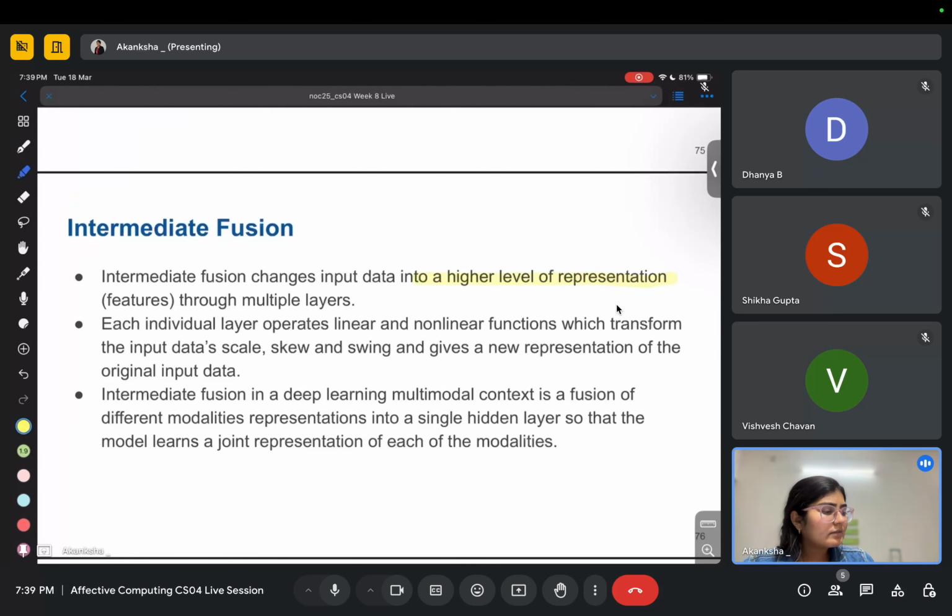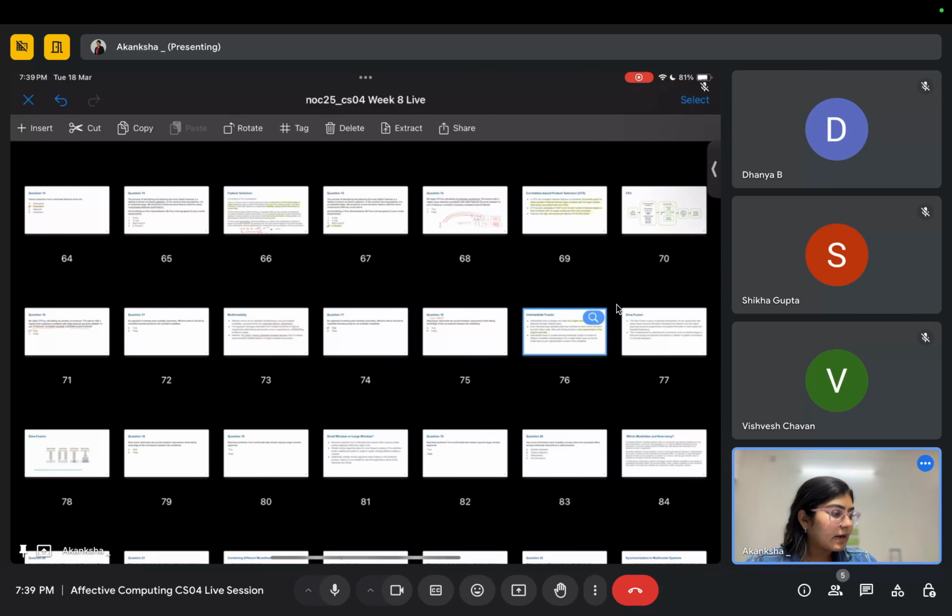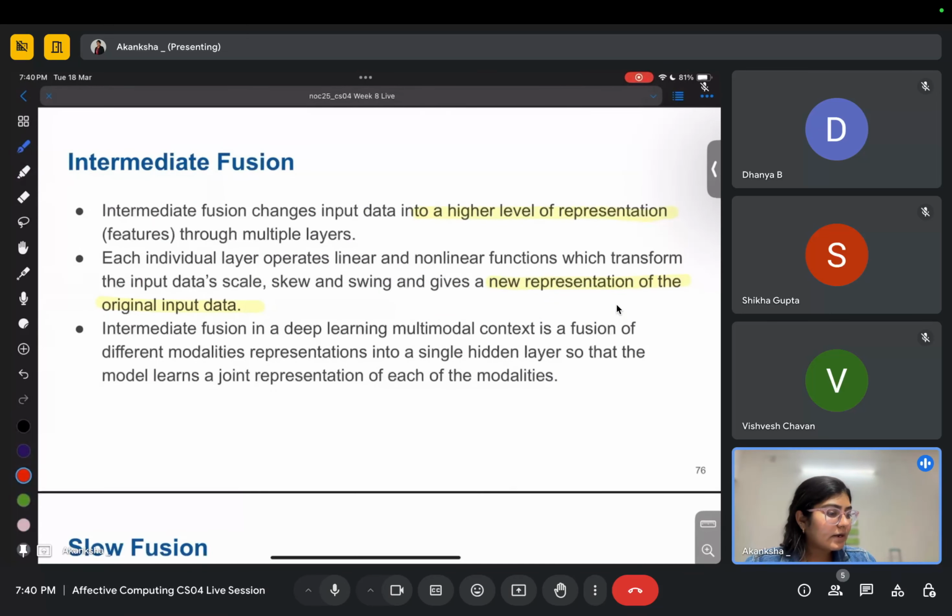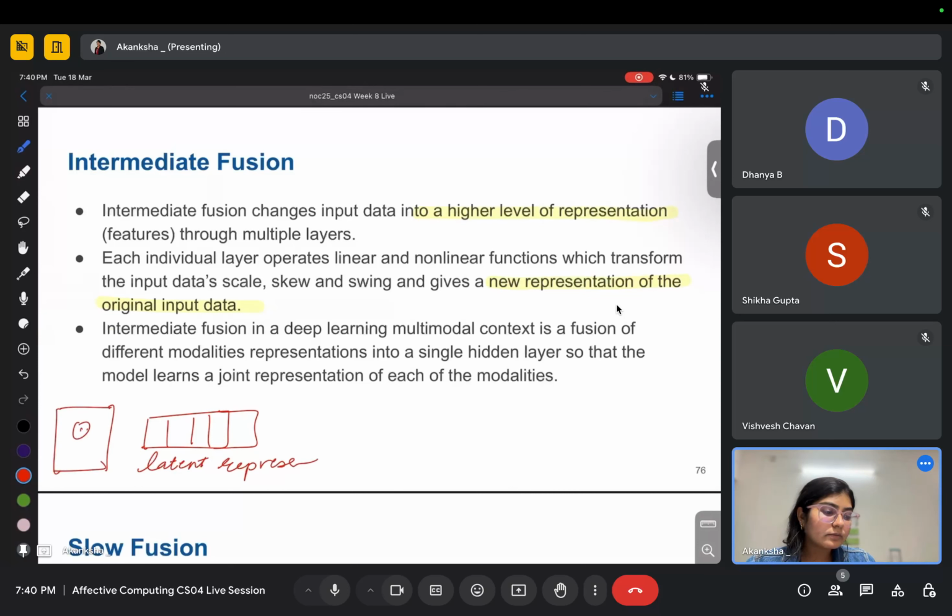So let's say we obtain some new representation, like, oh my bad, so I drew this. This is kind of a latent vector or representation. Initially it was a video like this, and now I have processed it and obtained a latent representation.